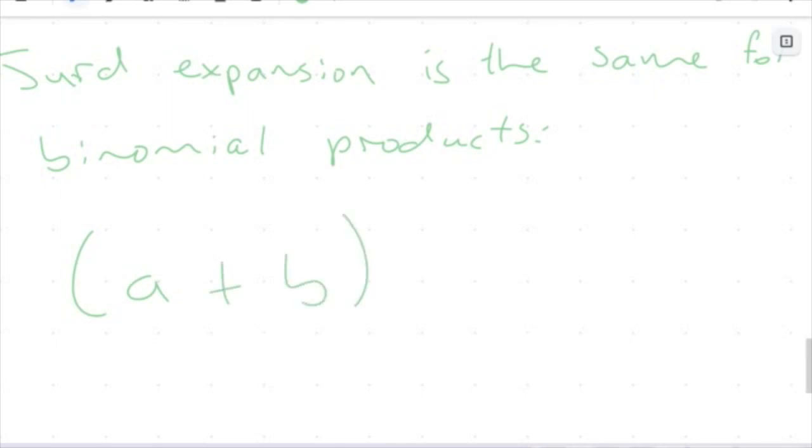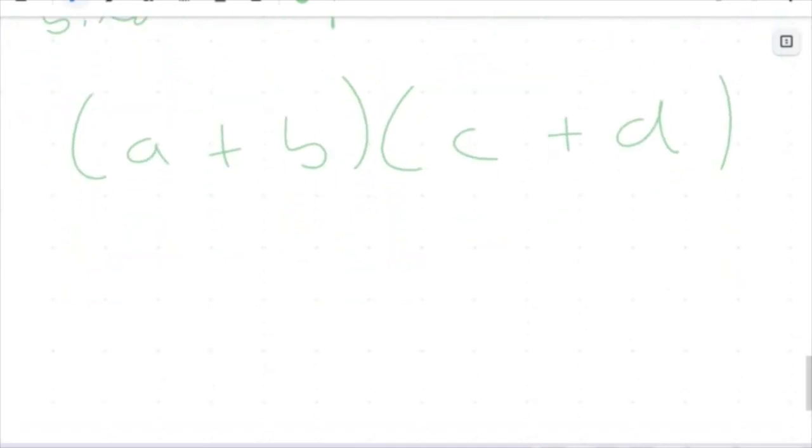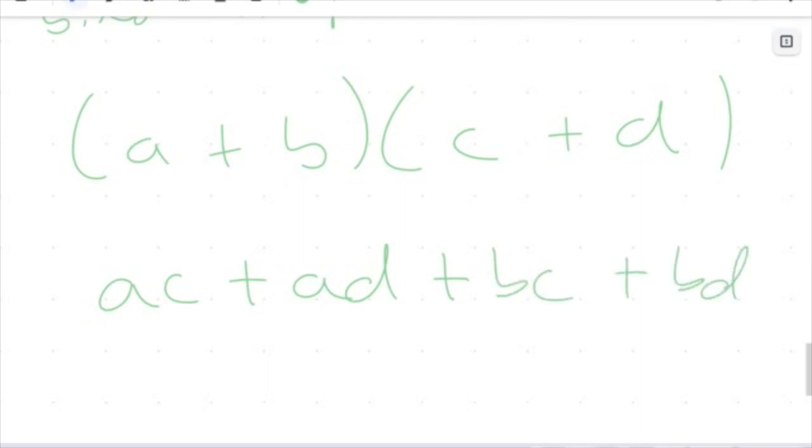So a plus b times c plus d, that we ended up getting the first multiplying, the outside multiplying, the inside multiplying, and the last multiplying, or FOIL, first, outside, inside, last. So surds work in the exact same way.